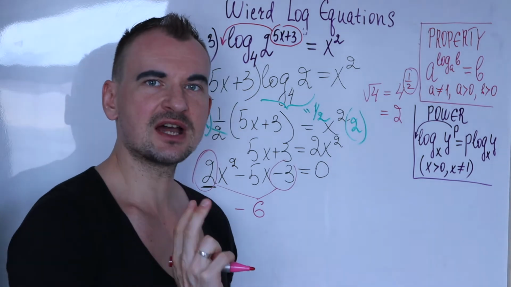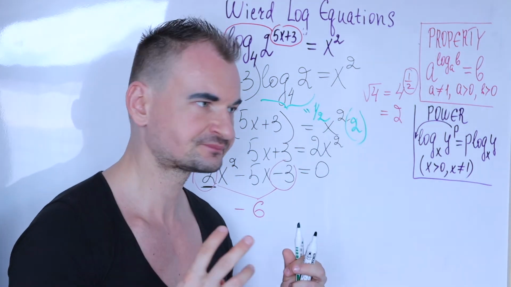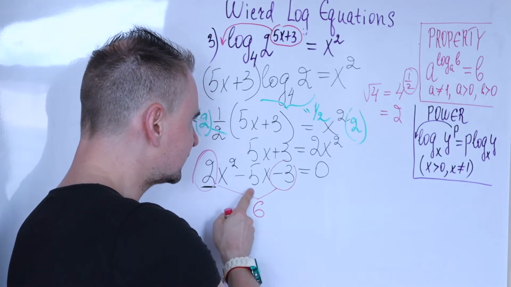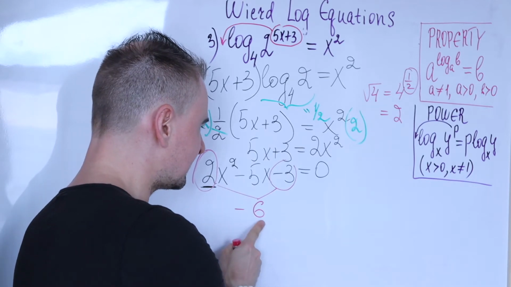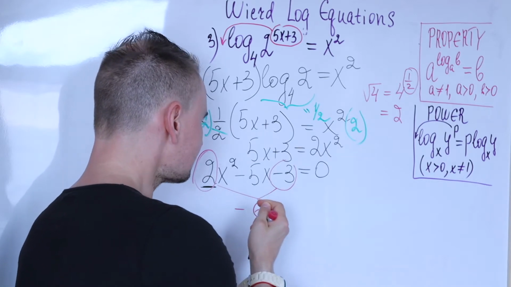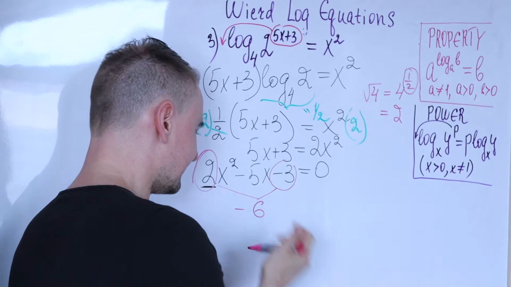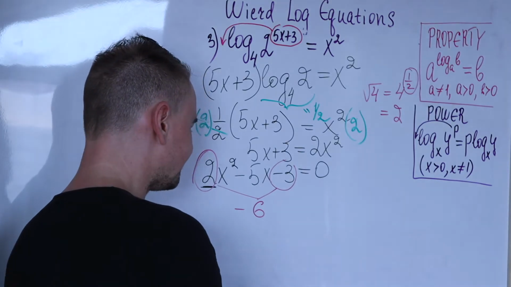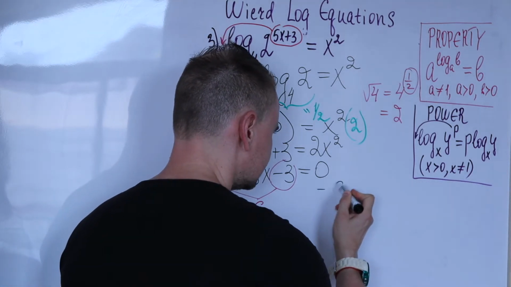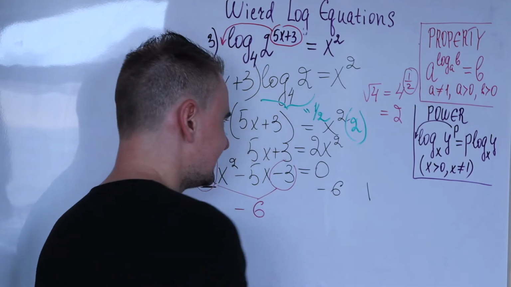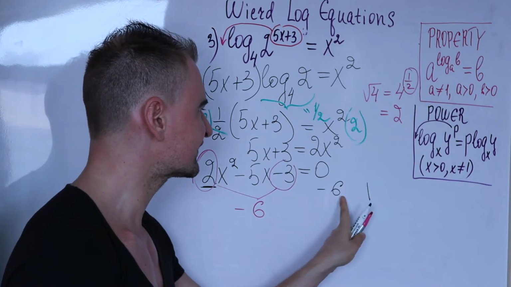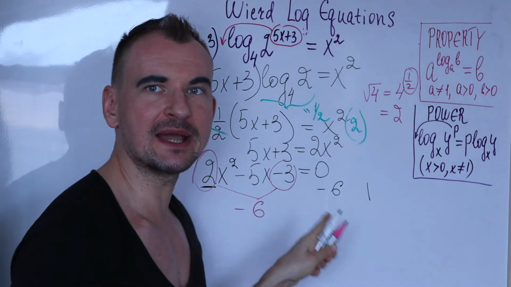You want to find two numbers that multiply to -6 and add up to -5. That's -6 and 1, since -6 times 1 gives you -6, and -6 plus 1 gives you back -5.